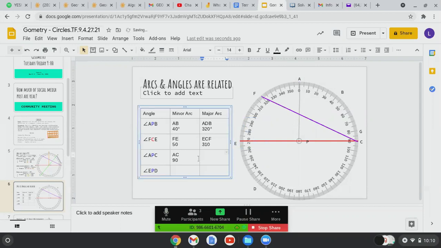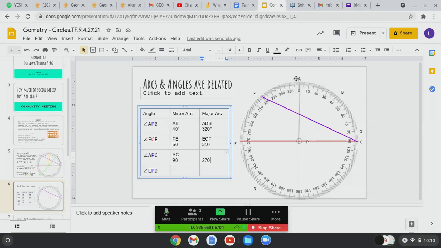Okay. All right. So you told me this is 270, which it is. And again, which direction are you going? Going here. All right. So you went to the right for the minor arc, so let's go to the left for the major arc.